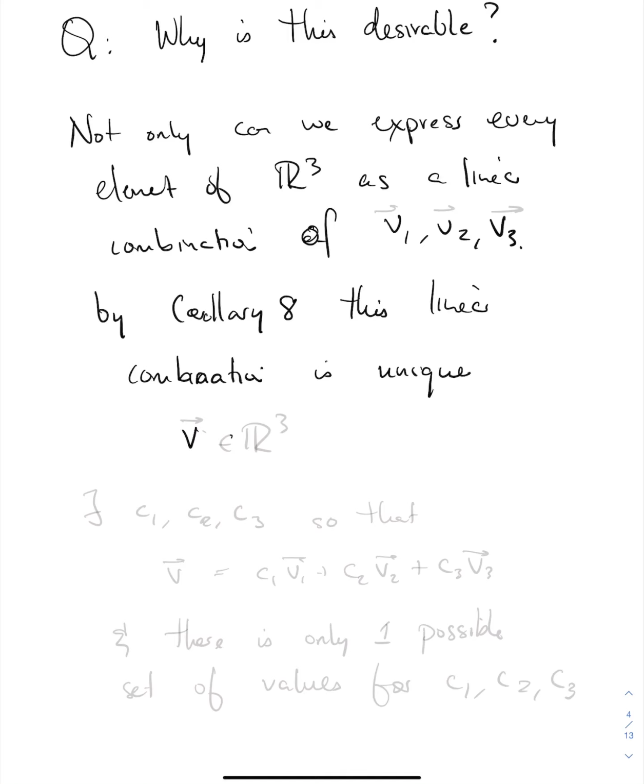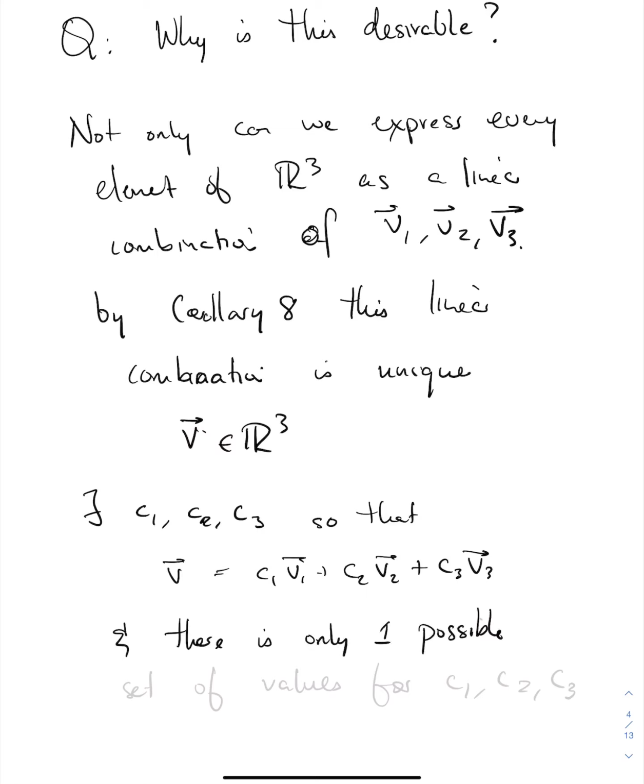As in, for v in R3, there exist c1, c2, and c3 so that v is equal to c1 v1 plus c2 v2 plus c3 v3. Let's add our little vector symbols here. And there is one answer. One possible such expression. There's only one set of values that will work.